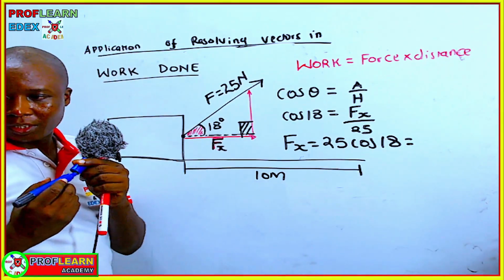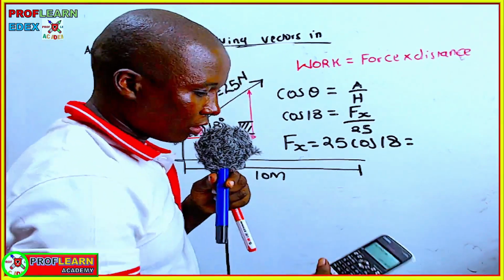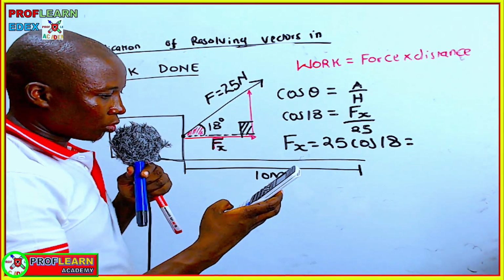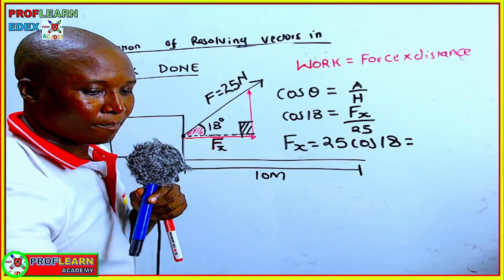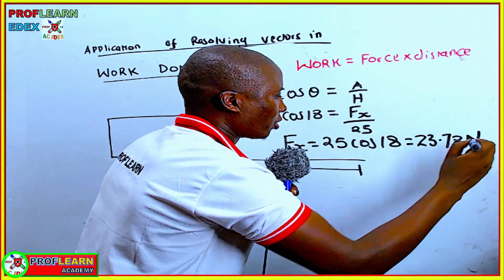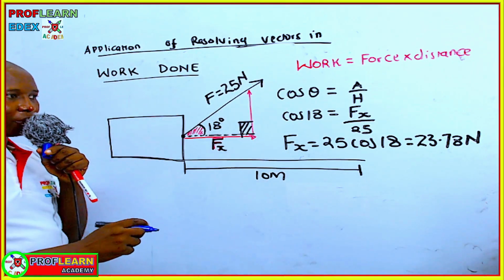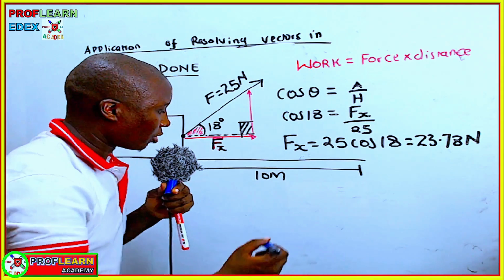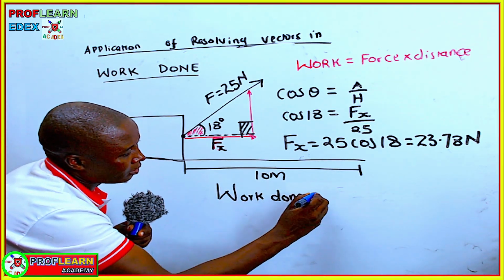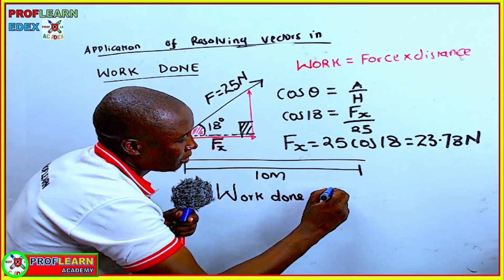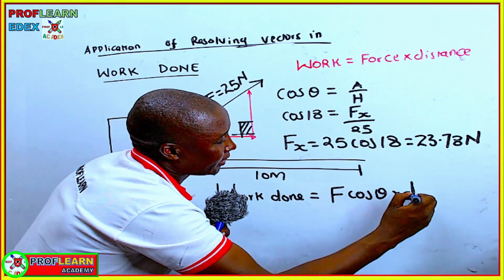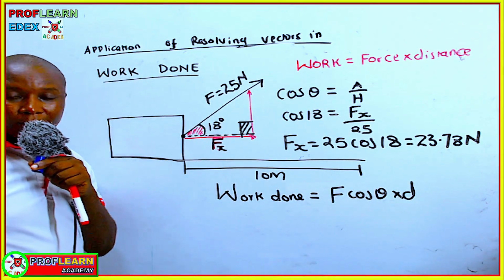If we work this out, this is 25 cos 18, which is going to translate to 23.78 Newton. So the horizontal component of this force is 23.78. So which means that work done is going to be equal to F cos theta times the distance.